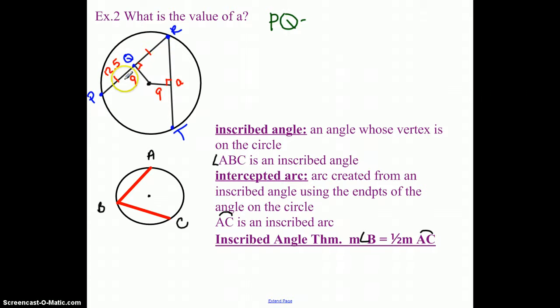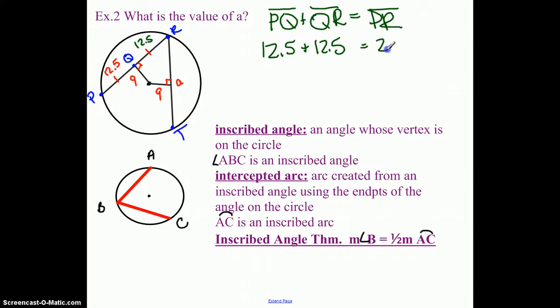First of all, PQ and QR have to be the same length, so these are both 12.5. So if you take the segments PQ and QR, that gives you the length for PR, which means that 12.5 plus 12.5 is going to give you 25. So PR is going to be 25 long.